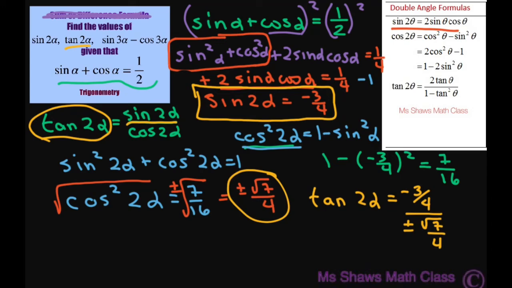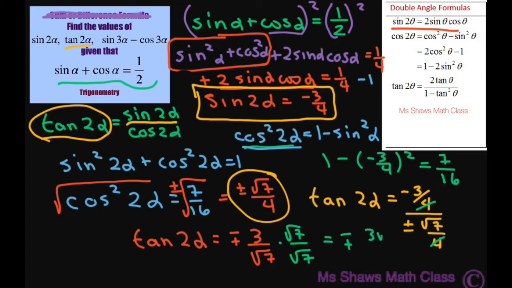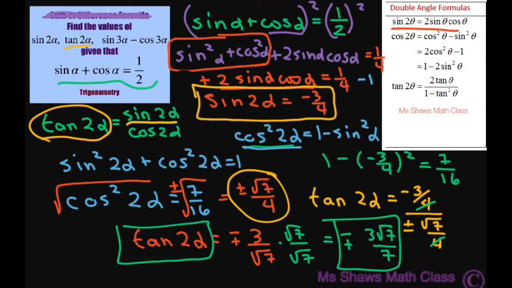So what happens is the 4's cancel, and you're going to get tan of 2 alpha equals minus plus 3 divided by square root of 7. If you rationalize the denominator, that would equal minus plus 3 square root of 7 divided by 7. So there's that answer. So we've gotten 2 answers so far.